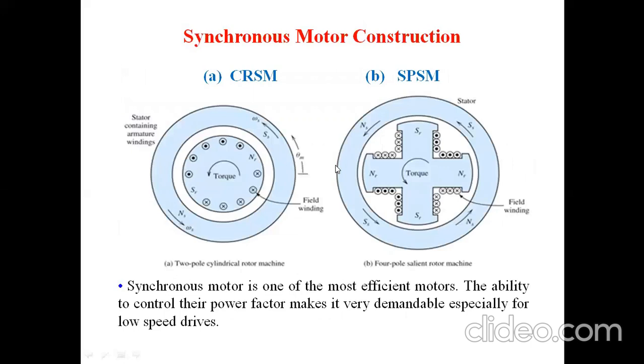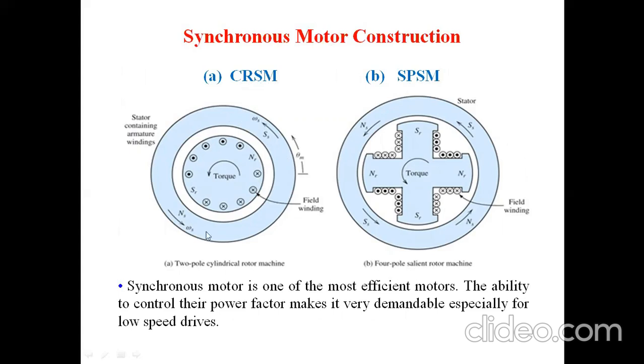Then coming to the synchronous motor construction, based upon the rotor types, salient pole type and cylindrical type, we classify the synchronous motor generally into two types: the cylindrical rotor synchronous motor and the salient pole synchronous motor.